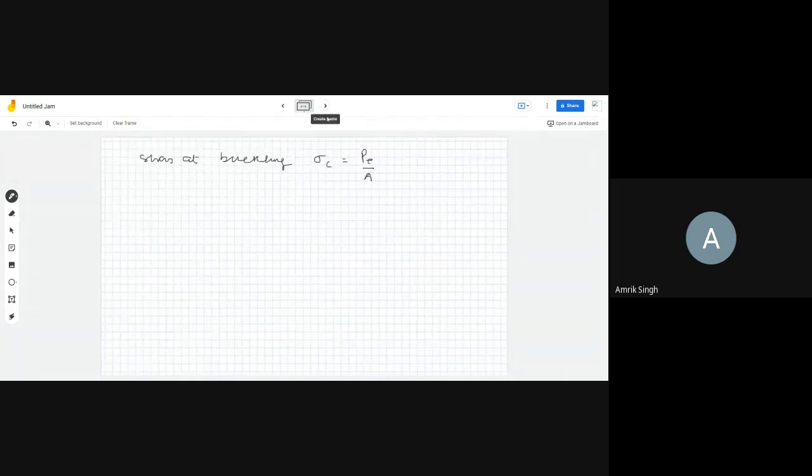So you can write this as PE upon A equals pi square E upon (LE upon K) whole square.